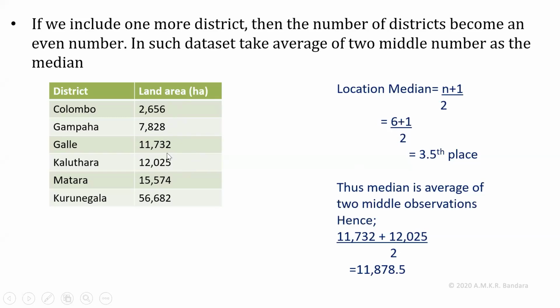To find the median, we find the place in between these two observations. We add these two observations and divide by 2, since it is halfway from the third observation and halfway from the fourth. So the value will be 11,878.5.